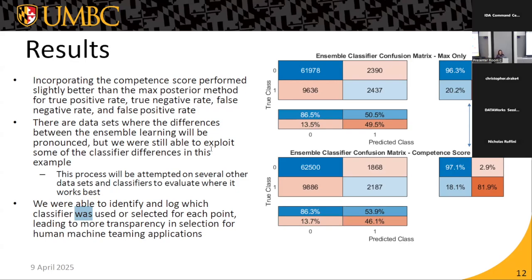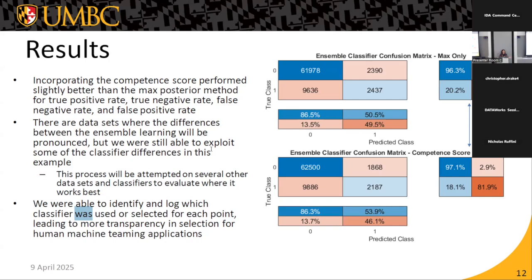The important thing is that for every single one of those decisions, I was able to log that this classifier was used or this classifier was filtered. So if we had a recommender system, we could show an end user classifier 1 used or not used, classifier 2 used or not used, what their decisions were, and the person can see that.